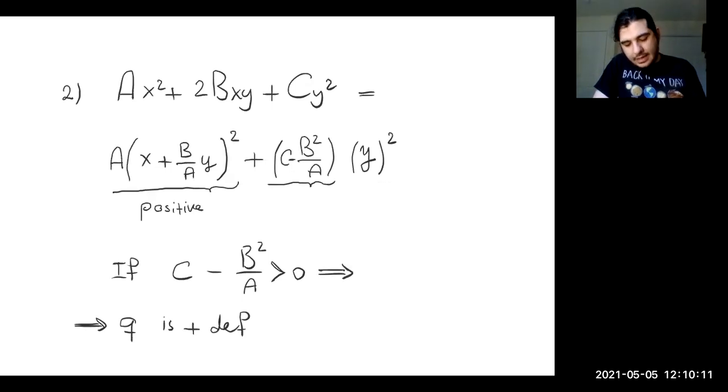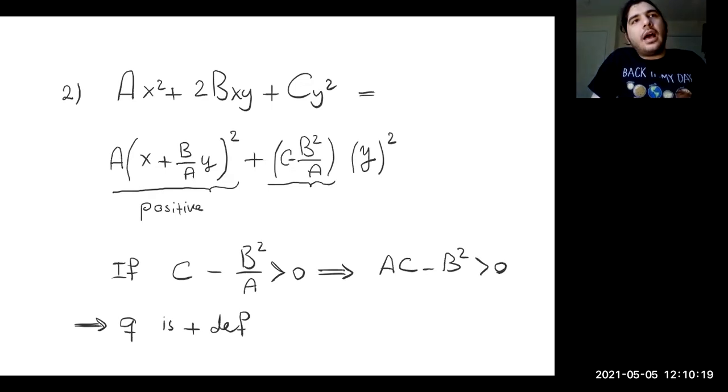And this says ac minus b squared is positive. Now, why is it? So this is necessary, right? This is necessary.